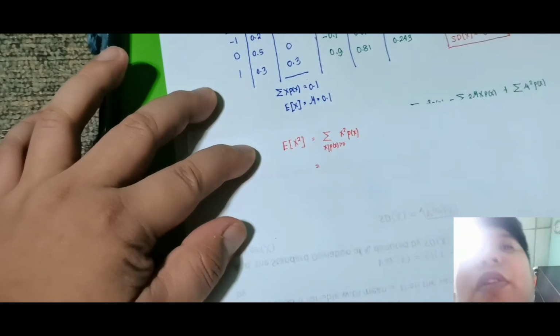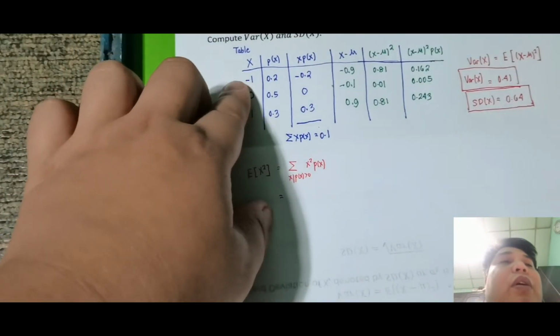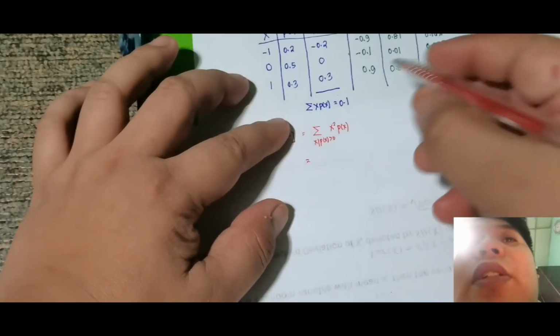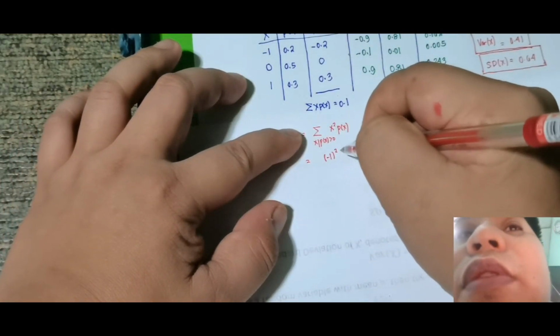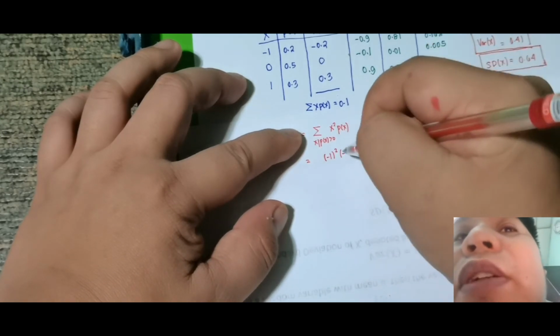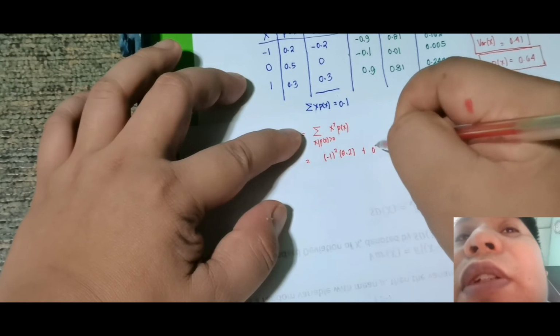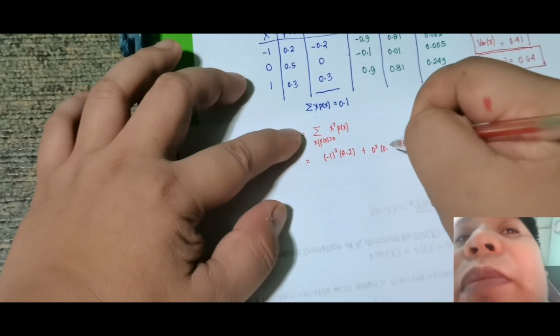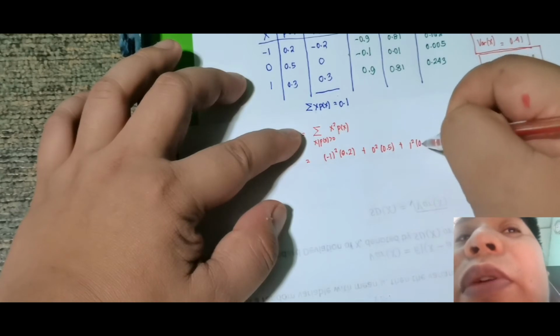Okay, so ang gagawin ko, kada x dyan, i-multiply ko, square ko, tas multiply by p of x. So this is just equal sa negative 1 raised sa 2 times 0.2 para sa probability plus 0 square times 0.5 plus 1 square times 0.3.